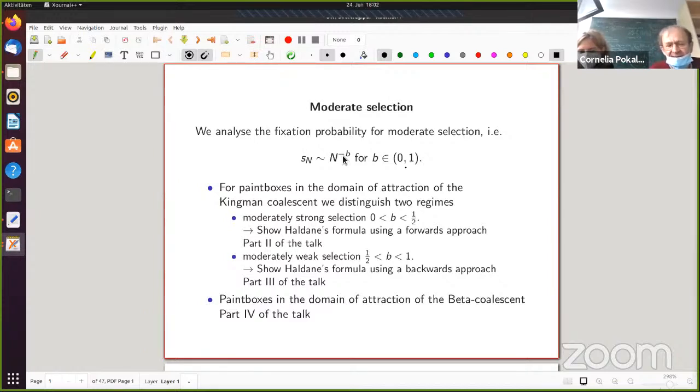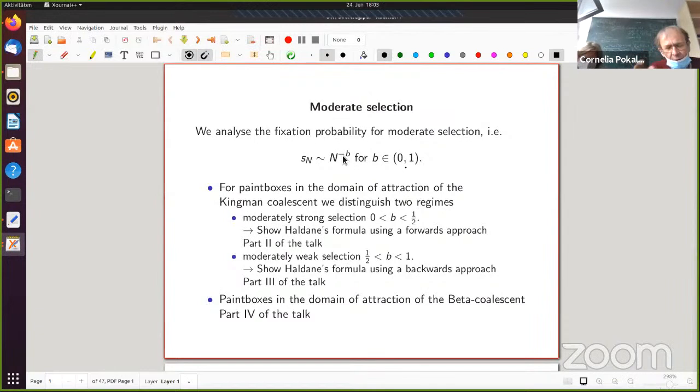You have a paint box where one of the capital N individuals is assigned a weight of n to the minus delta, a small delta, say 1 over n to the 0.1. And so that's the lucky guy that gets a lot of weight, but it's a random story, right?